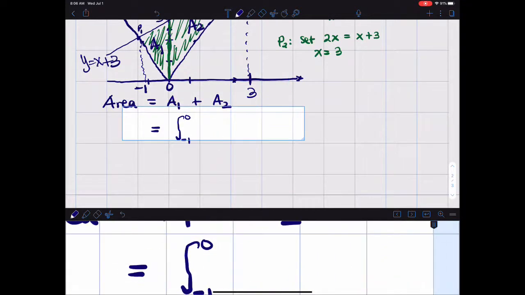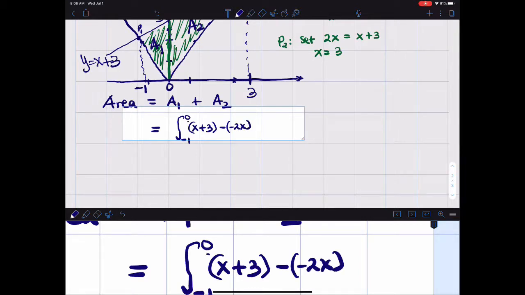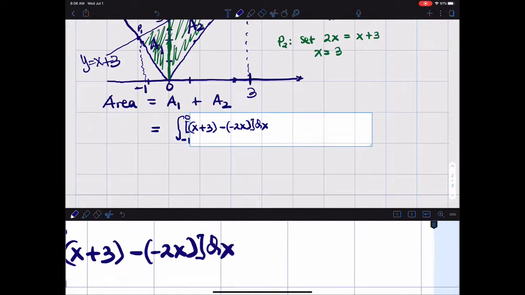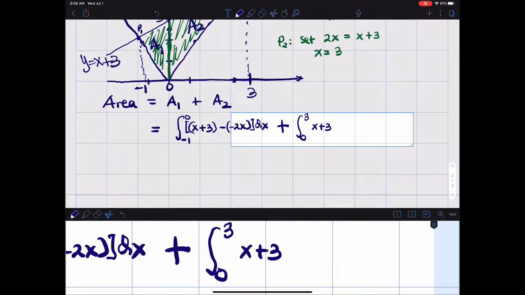And then the top function is x plus 3 minus the bottom function, which is -2x, and then dx. So that's A1. And then you add A2, the integral from 0 to 3. The top function here is x plus 3, and the bottom function is 2x. So you subtract 2x.